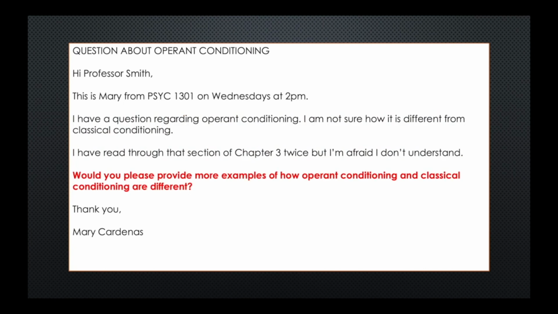The student concludes the email by asking for, in this case, specific examples of these concepts to try and get a better understanding. Again, this is an important thing, so you want to finish off the email by creating an expectation or making a specific request as opposed to just writing an email saying, I don't understand, and leaving it at that.